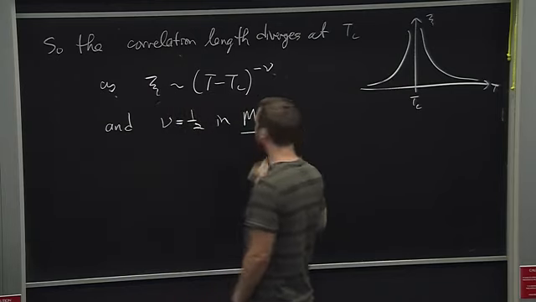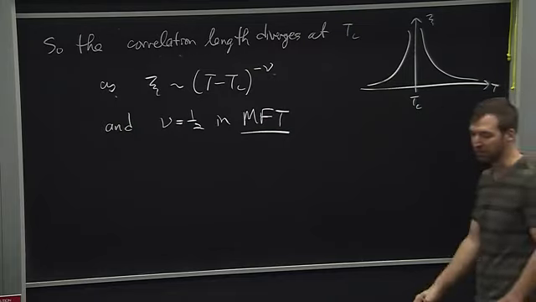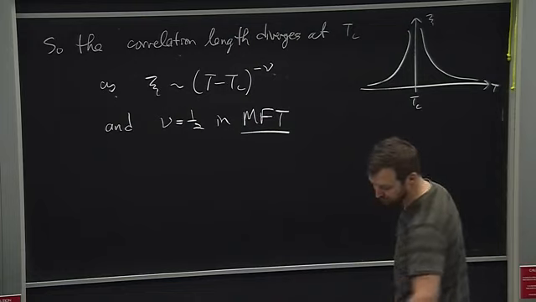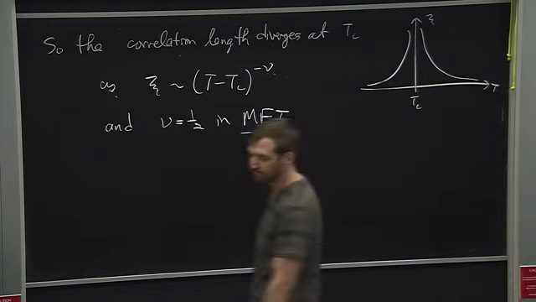And everything we've done has been a mean field theory calculation. So nu is 1/2 within mean field theory. What else do you have to know?